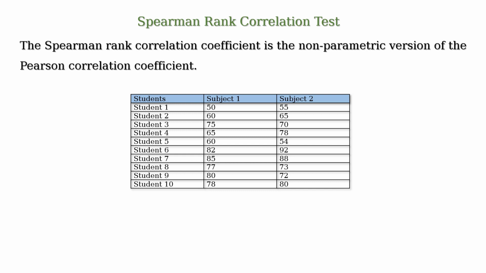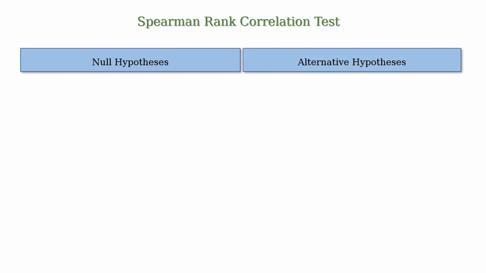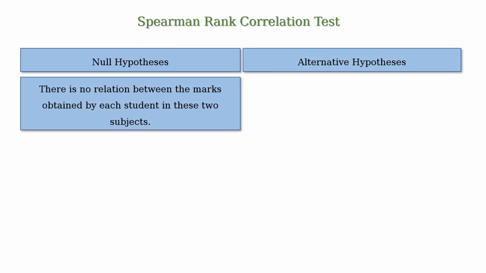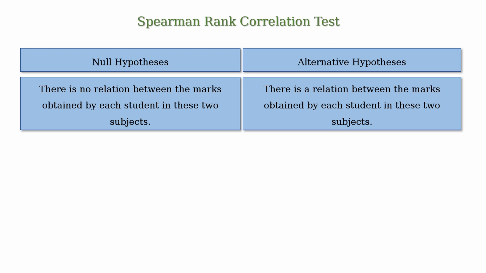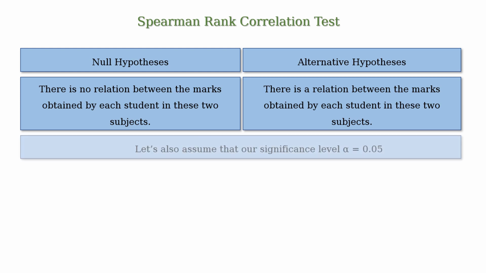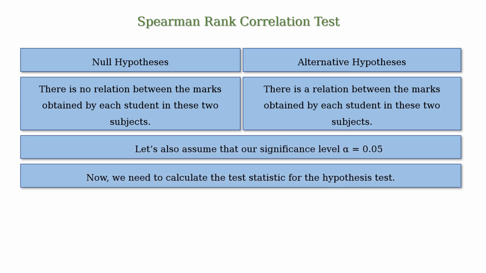Our null hypothesis in this case is that there is no relation between the marks obtained by each student in these two subjects. And the alternative hypothesis is that there is a relation between the marks obtained by each student in these two subjects. Let's also assume that the level of significance is 0.05.